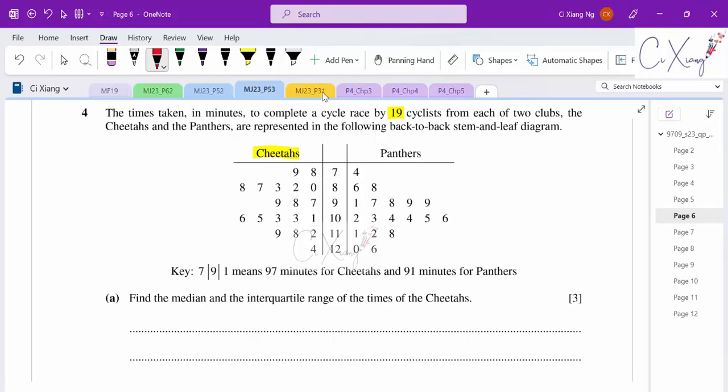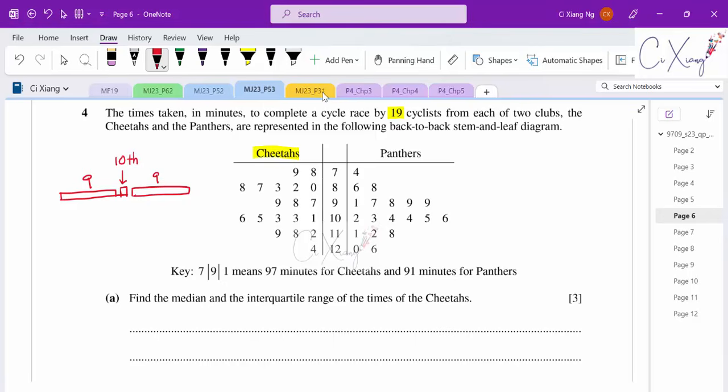To calculate the median, we need to know where the center value of the whole set of data is. If I have 19 values, I can nicely separate them: the first half consists of 9 values, then 1 value in the middle, and the second half has another 9 values. 9 plus 9 is 18, and including this one makes 19. This middle value has 9 values in front, so it is the 10th value.